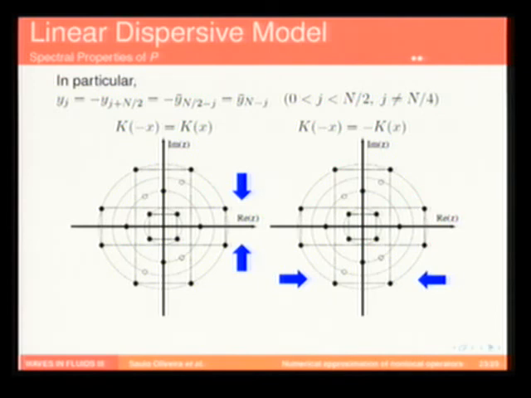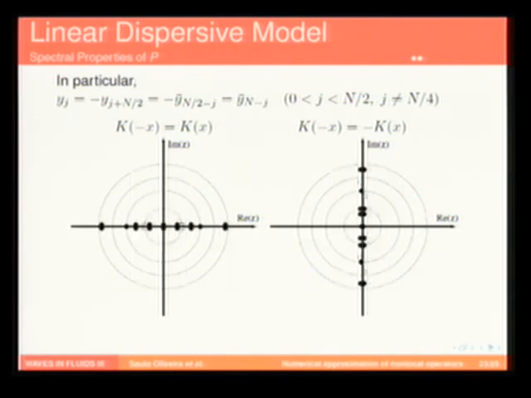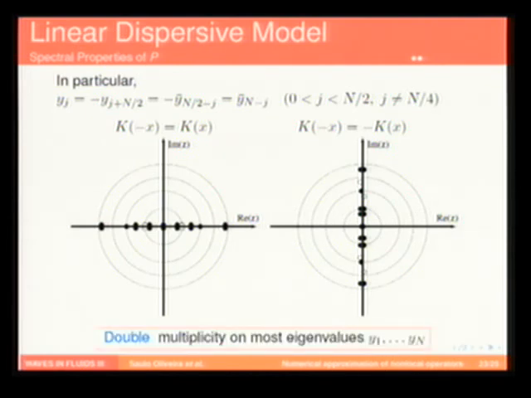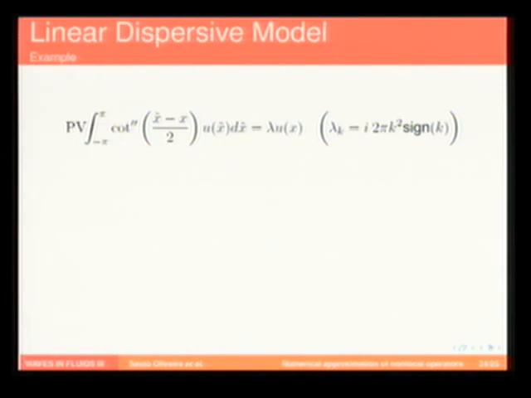So all these eigenvalues will be collapsed over either the real or the imaginary axis. So many of them will coincide, most of them will coincide. So beforehand, we have a double multiplicity guaranteed. That's what we're going to see in the picture.